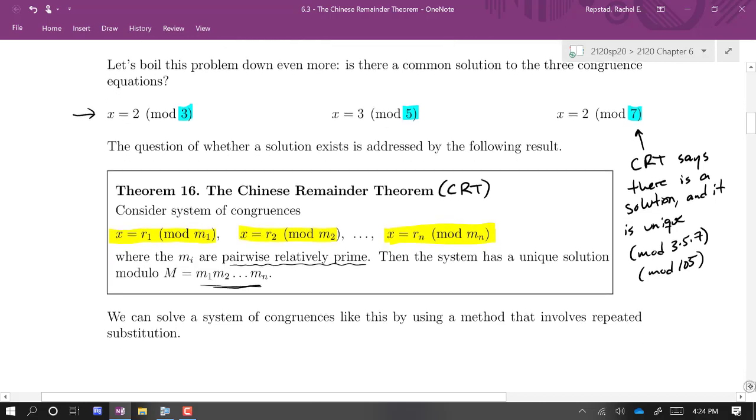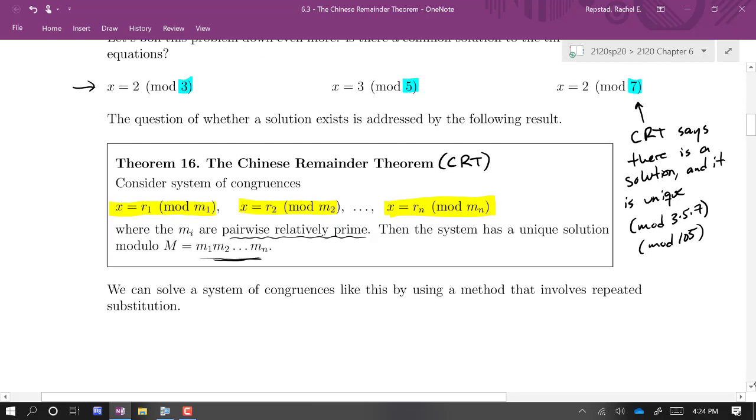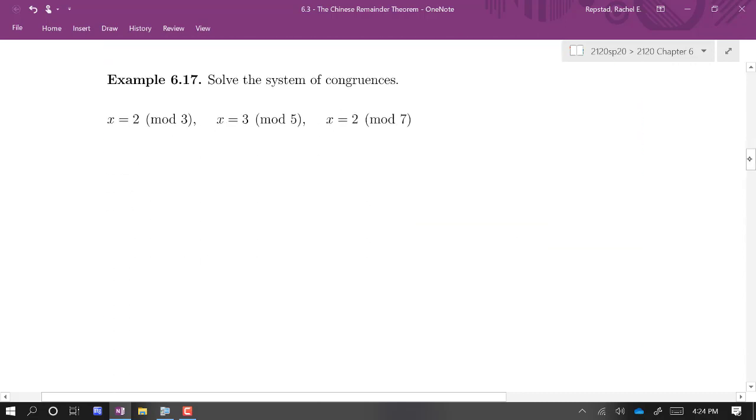Our technique to solve these systems of congruences will involve repeated substitution. It's basically just some algebra and remembering what it means to be equivalent to, say, 2 mod 3 or 3 mod 5. So let's begin.